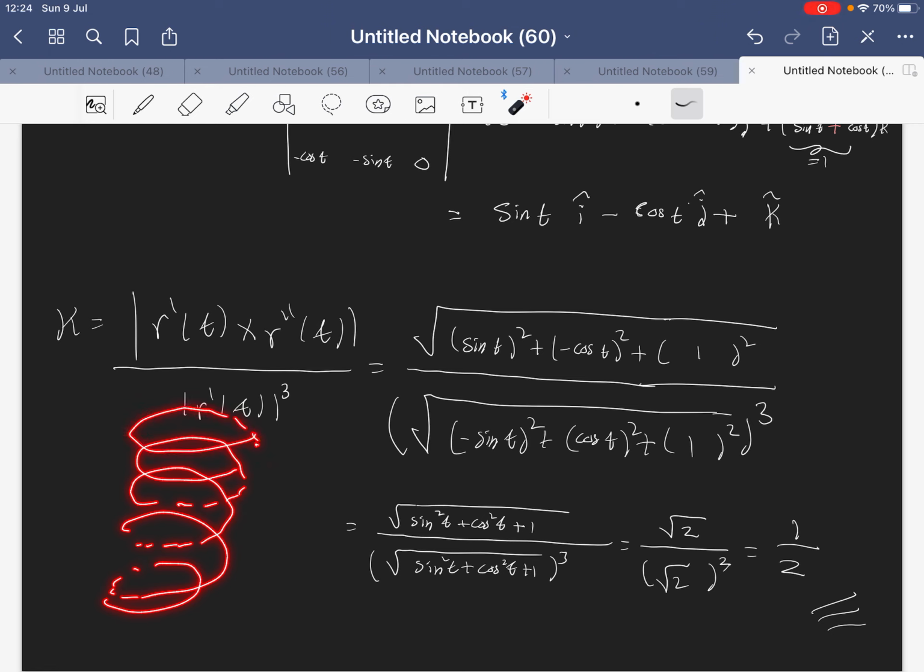And at each point, up or down, the curvature, the bend, is always half, which makes sense because it's a circular helix going on the same curve, same bend everywhere, whether it's down or up. It shouldn't be based on the value of t. That's the intuitive idea for the circular helix.